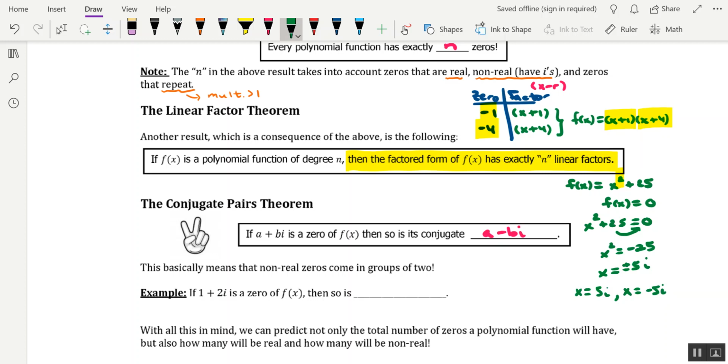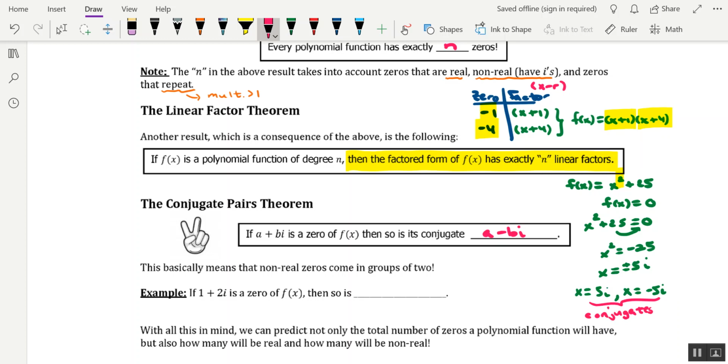And those two answers for x look very similar to each other, don't they? But obviously one is the opposite of the other. Well, the idea here is that, because these are non-real zeros, they're going to come in conjugate pairs. 5i and -5i happen to be conjugates of each other.